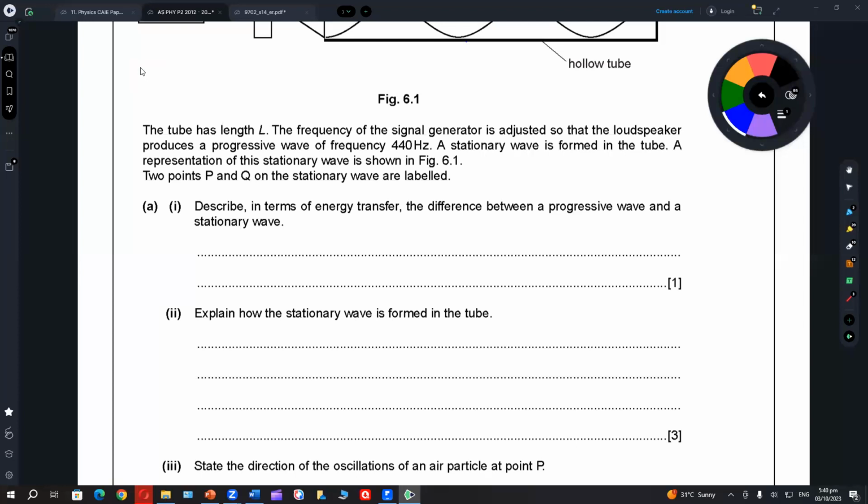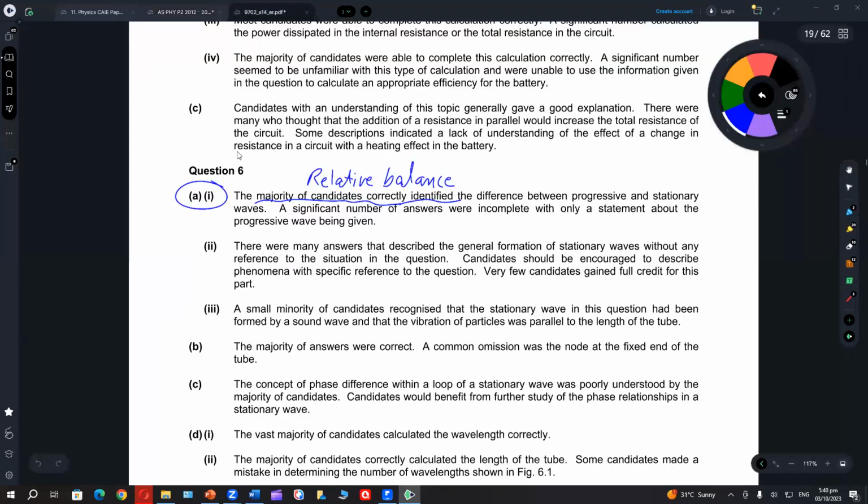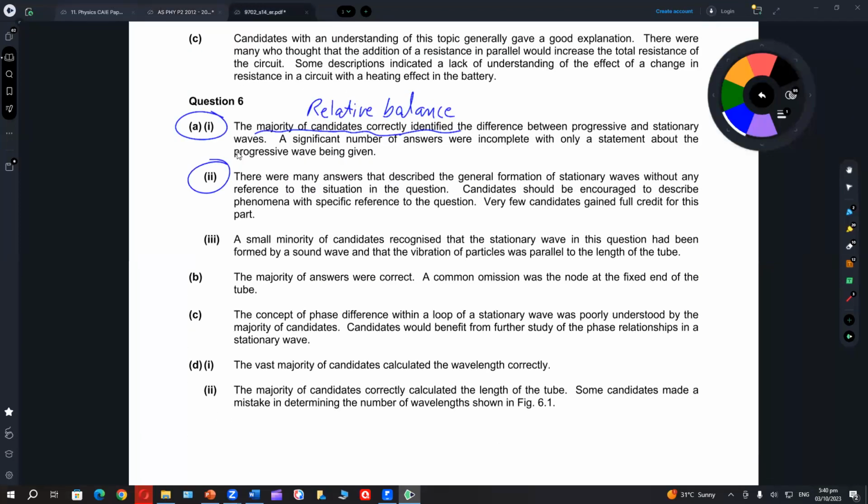Explain how the stationary wave is formed in the tube. Look at this, 3 marks. Now, this is part A 2, and this is a memory question because it has appeared many times in the paper. There were many answers that describe the general formation of a stationary wave without reference to the situation in the question.